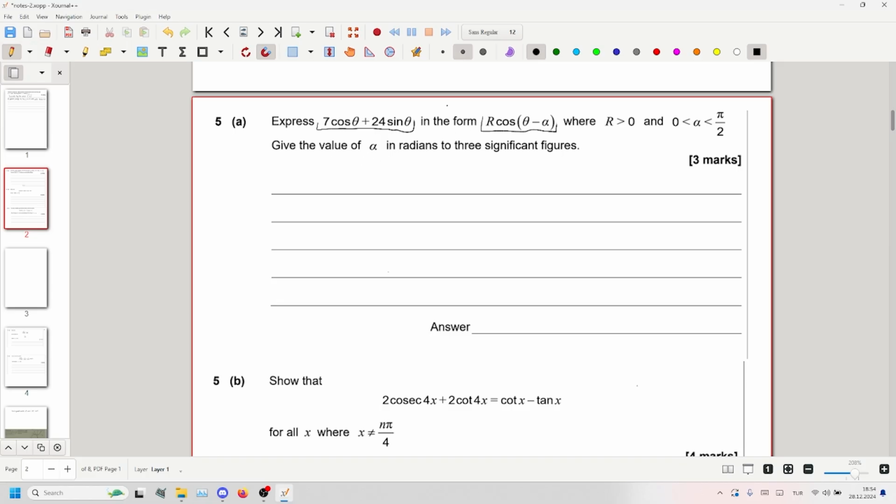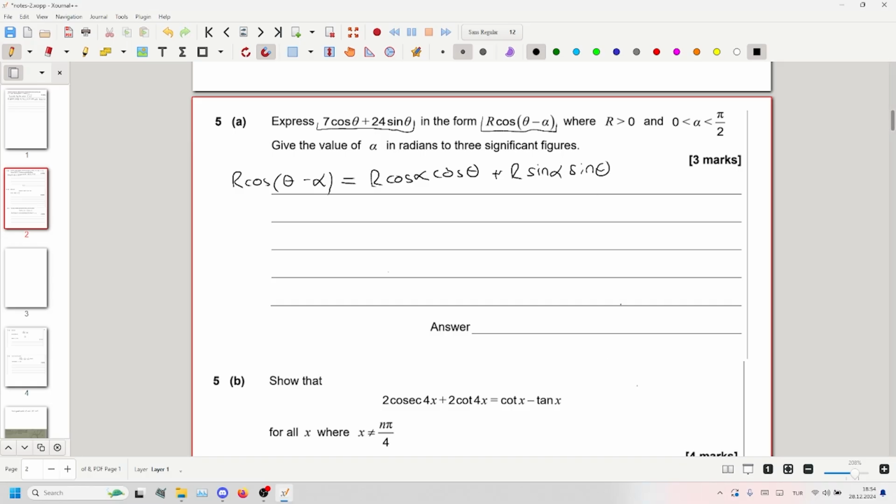So first of all, let's write r cos(theta minus alpha) by expanding it. So this will be r times cosine alpha times cosine theta, plus r times sine alpha times sine theta.